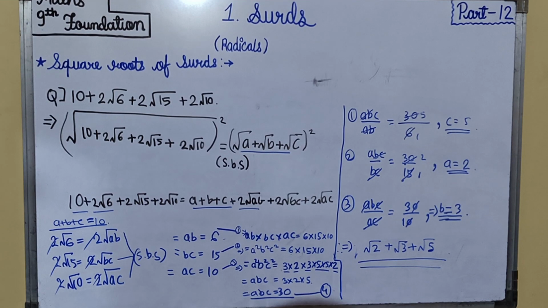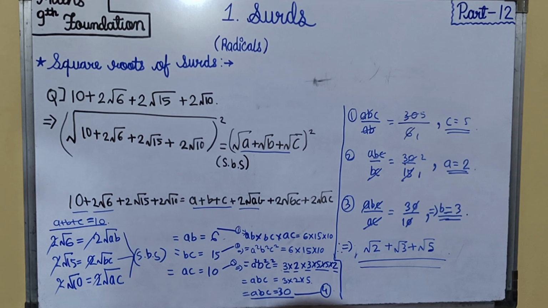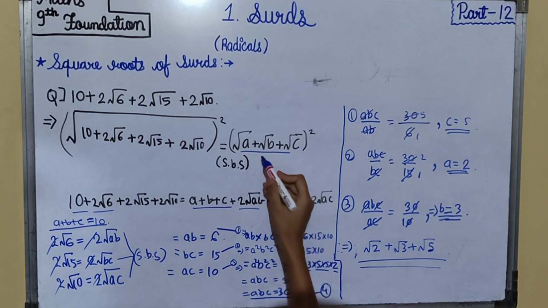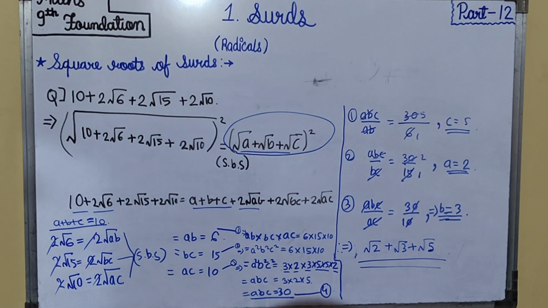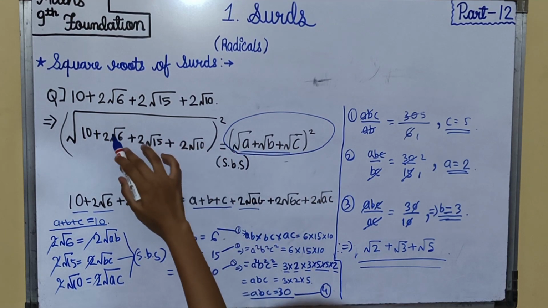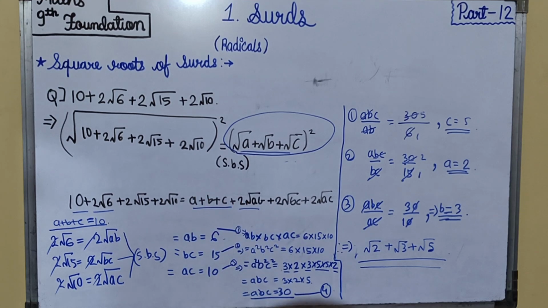These all questions were easy. Like if the first two signs are negative and the other two are positive, the root will be root a minus root b plus root c. These are all based on identities.